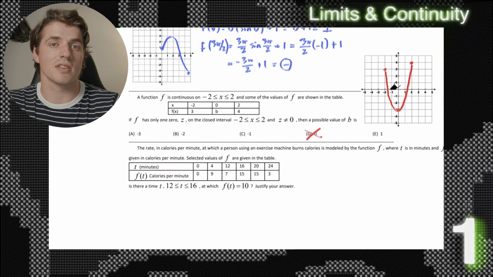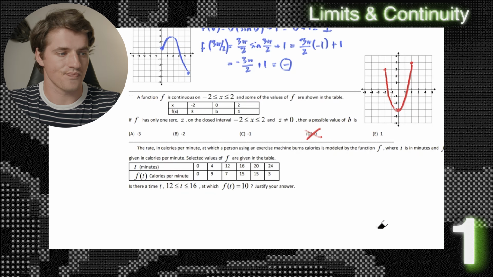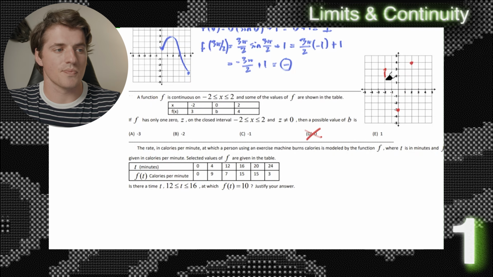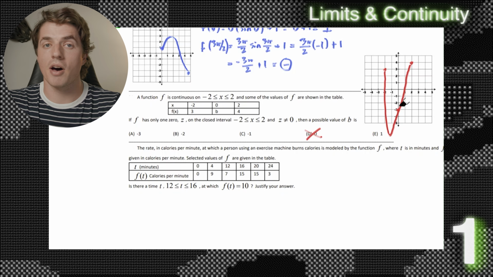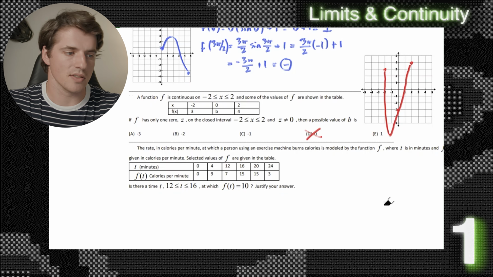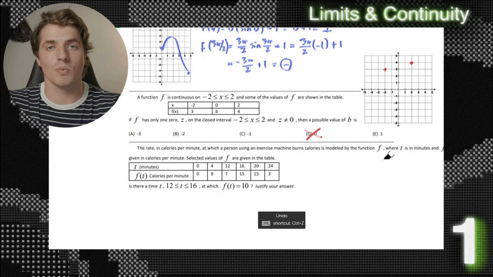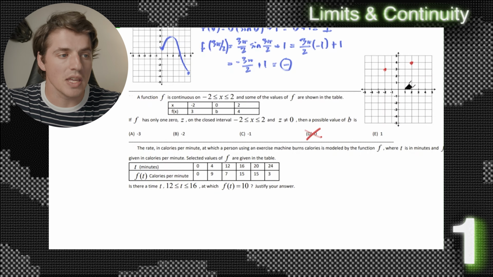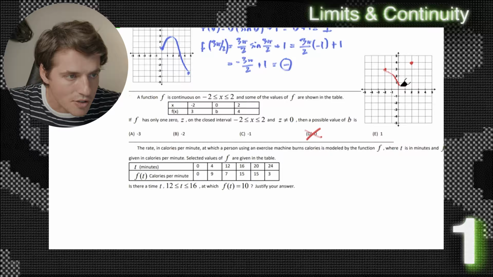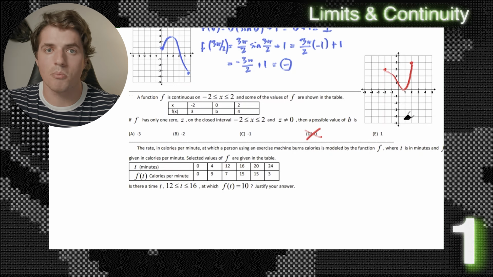We would end up crossing the x-axis twice, because in order to get below it and then back above it, we need to cross twice. The only time in which we can touch the x-axis once is if we just touch it and come back.